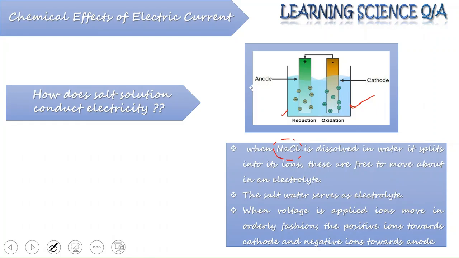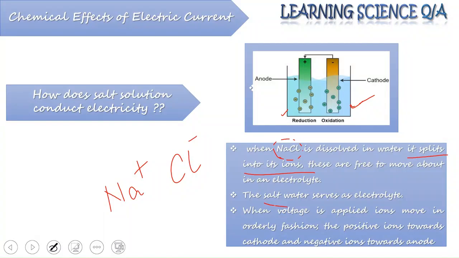So when NaCl is dissolved in water, the NaCl solution will act as the electrolyte, and the NaCl present in the water will split into its ions, that means we will get Na+ and chloride ions, Cl-. So they are able to move freely towards their respective electrodes.